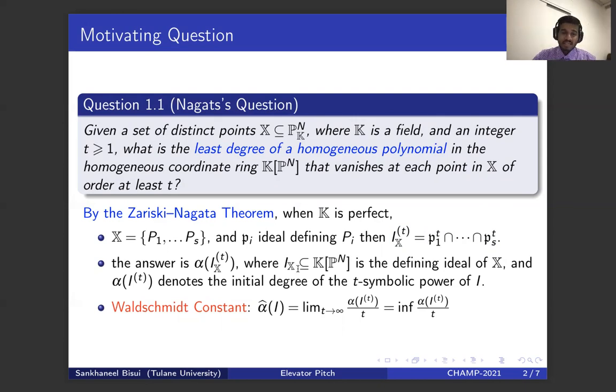Second, it says the answer to the question is just the initial degree of the t-th symbolic power of the defining ideal of X. Again, the Waldschmidt constant is defined by the limit of the ratio of the initial degree of the t-th symbolic power with t, and it is well defined. To study Nagata's question is the same as to study the Waldschmidt constant.